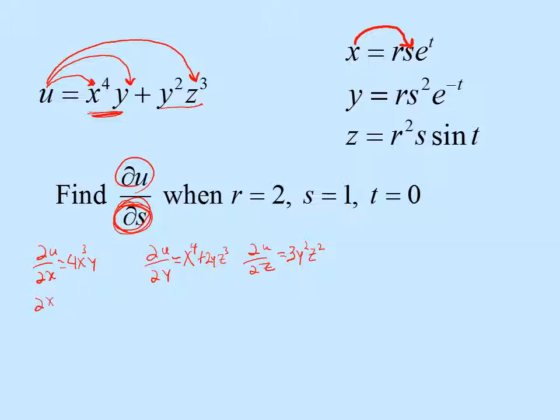So we can go from x to s. The derivative of x with respect to s would be re to the t. The derivative of y with respect to s would be 2rs e to the negative t. And the derivative of z with respect to s would be r squared sine t.